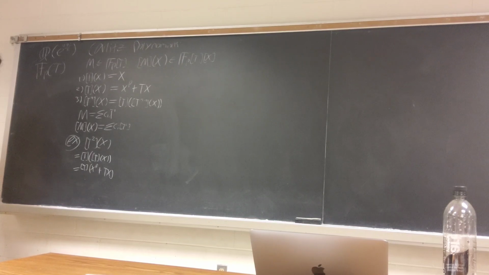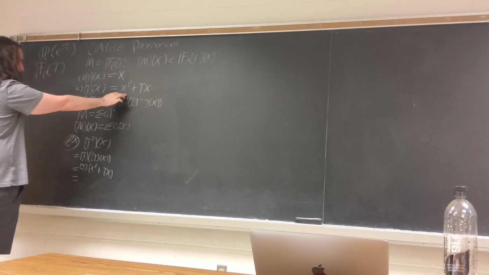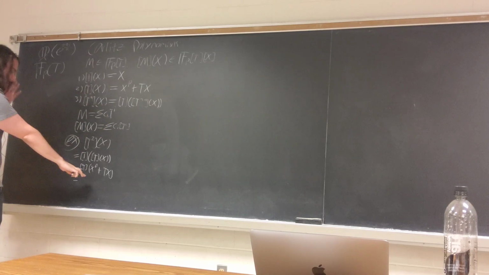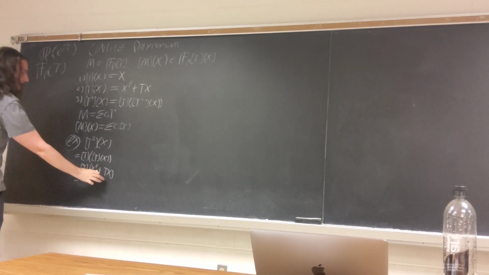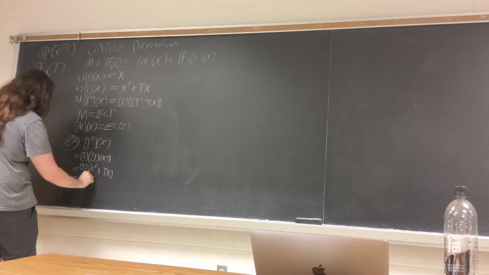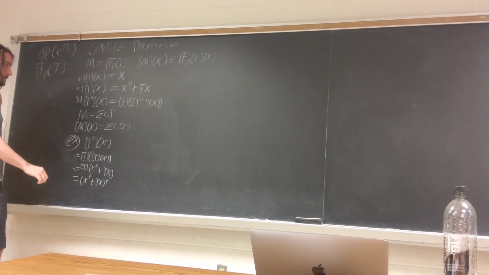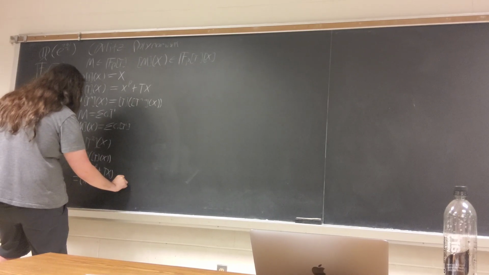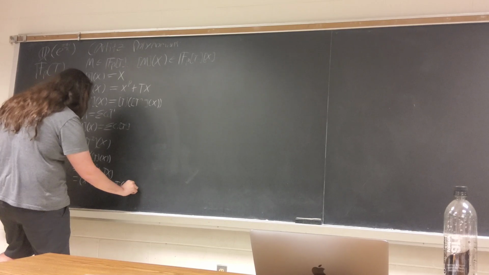And then, I guess I have to go a little lower. And then we just evaluate this, but at here, sort of. So we're plugging in this for the x's. So we're going to get (x to the p plus tx) to the p plus t times (x to the p plus tx).